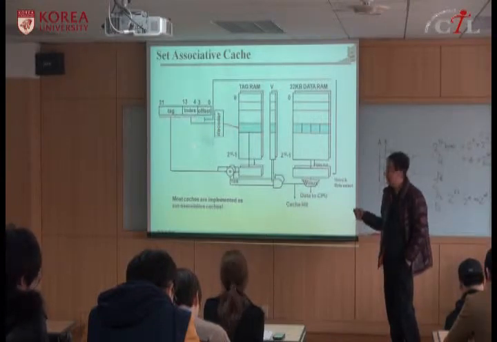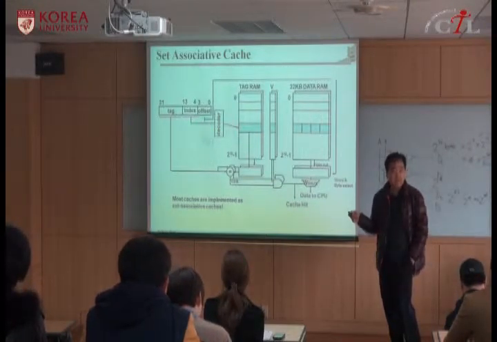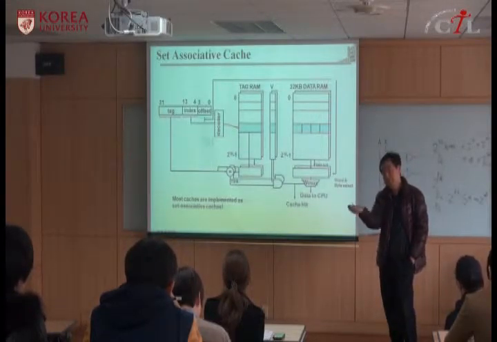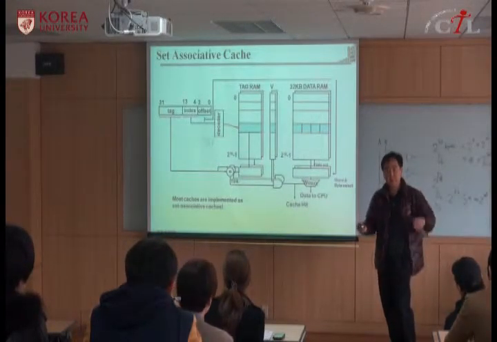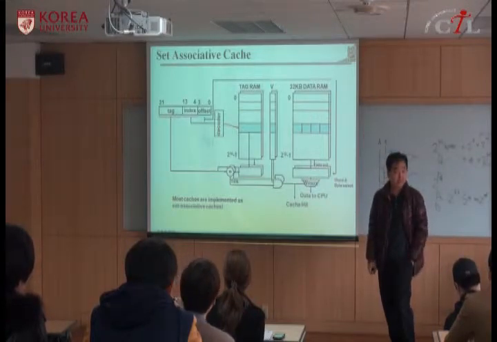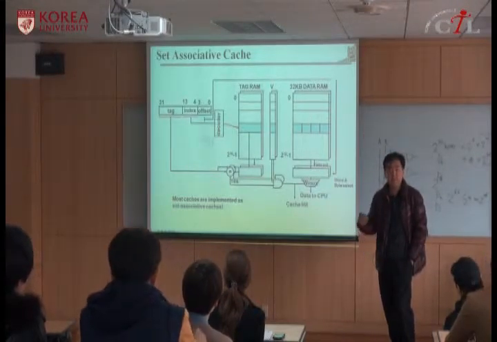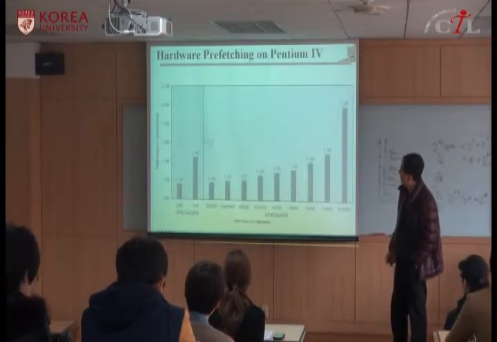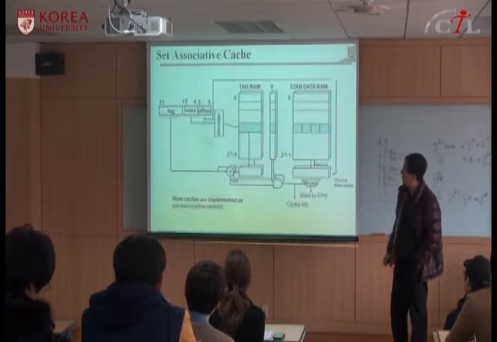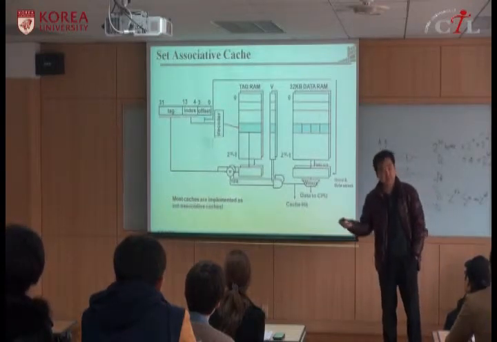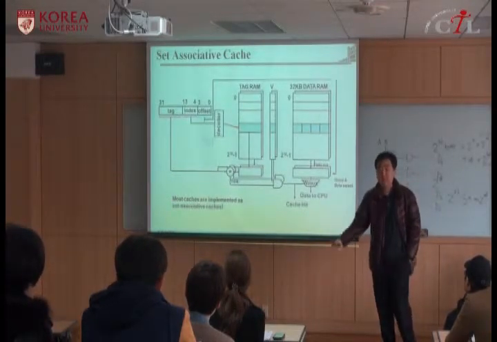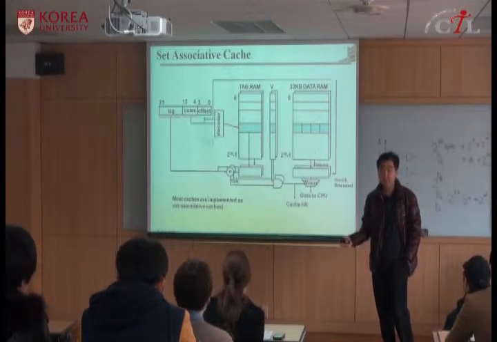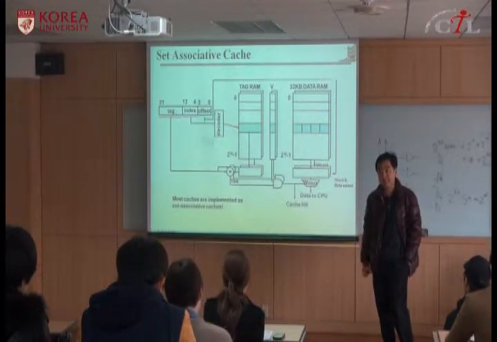But it can reduce conflict misses substantially, because if you are mapping to the same block and you have another location, then you can reduce these misses effectively by increasing the associativity. Okay? I don't have the slide here, but as you increase associativity, you can decrease the conflict misses substantially. Okay? And in a fully associative cache, there is no conflict miss.